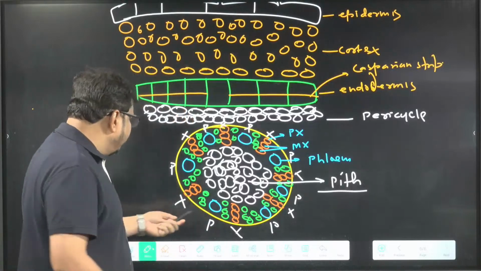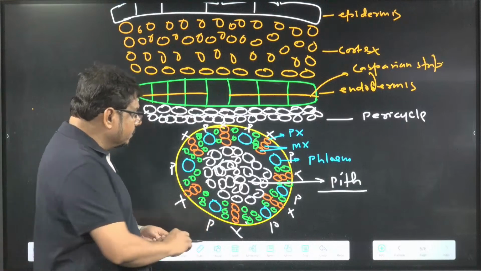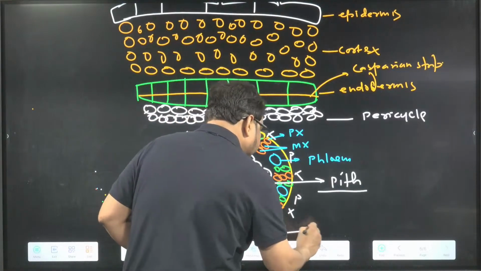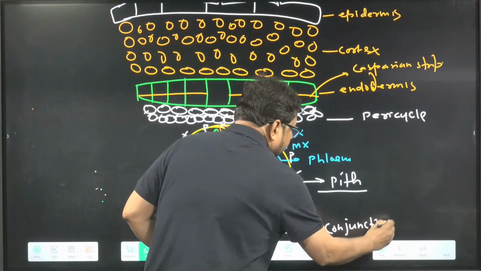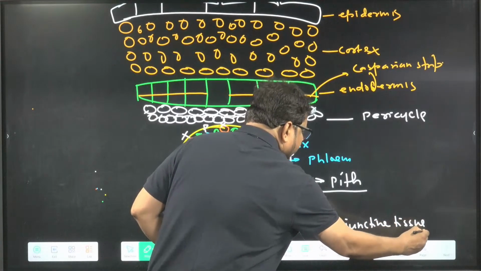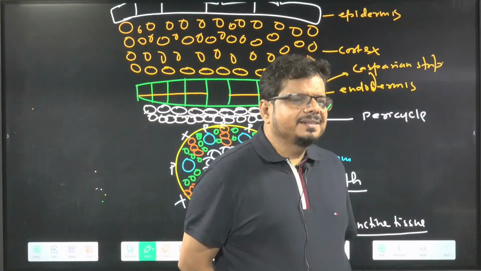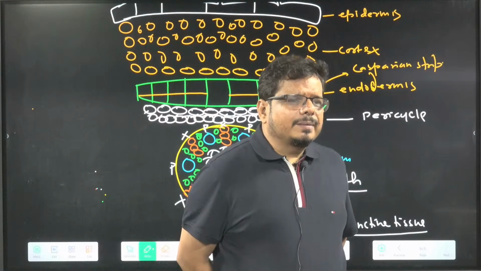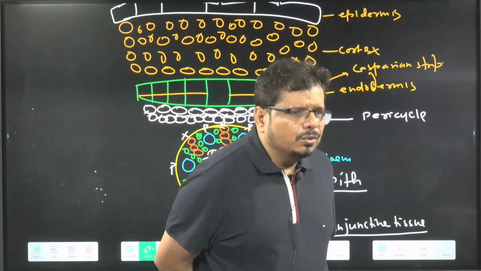See, I can write the differences here. Conjunctive tissue has differences, but I am deliberately not writing them, because NCERT is not writing. NCERT says everything is the same in dicot and monocot root.